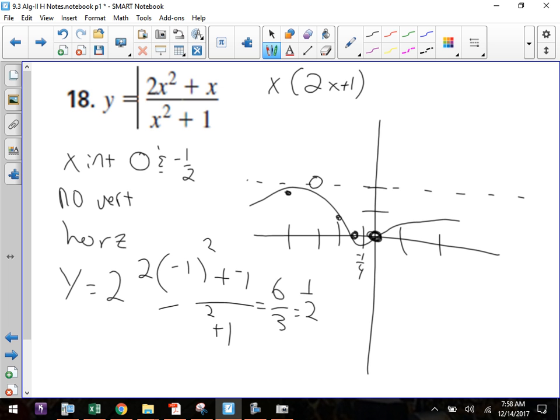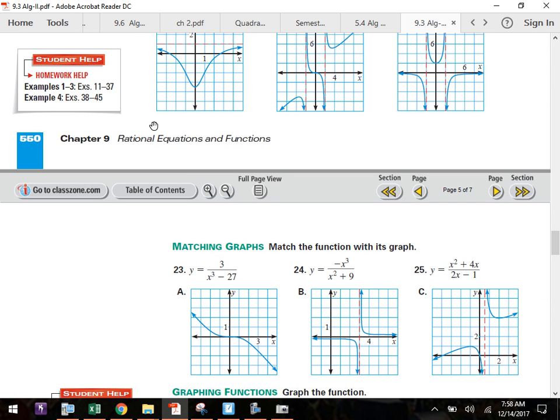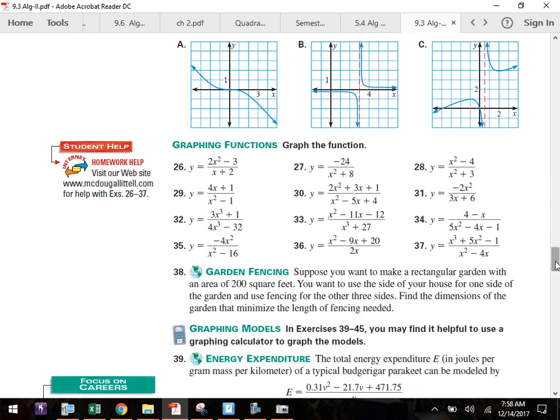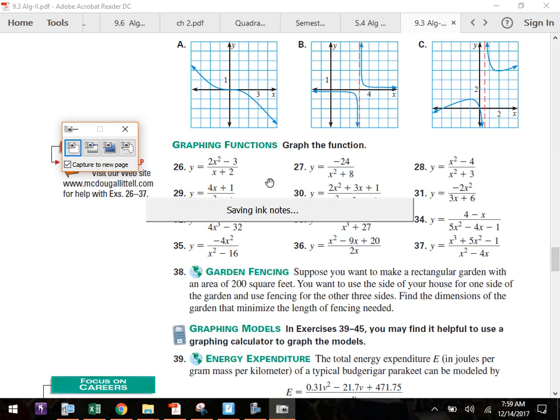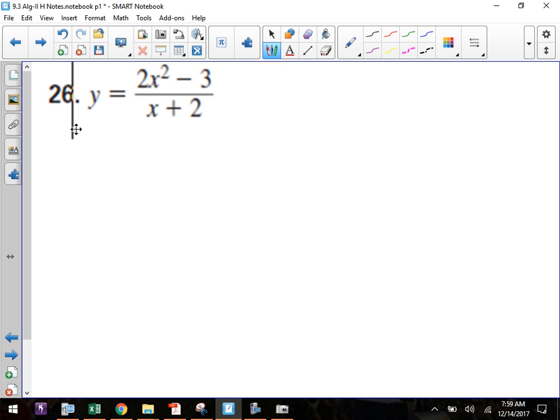Now, when we got to yesterday's, what do you want to look at from yesterday's? Not doing all of it. Remember, guys, you have to learn to become a little bit more. So when you start this one out, you have x-intercepts.